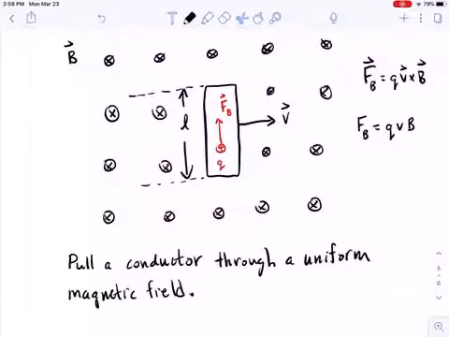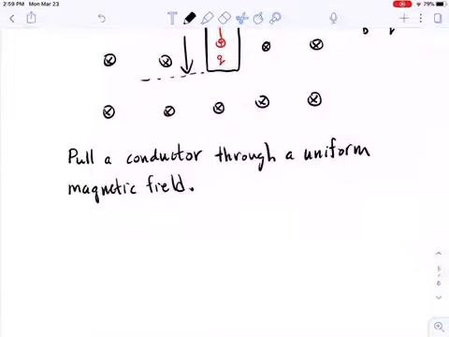Okay, but just like in the Hall effect analysis, if we take our positive charges and pile them up at the top of the conductor, that leaves behind negative charges at the bottom. Or if you want to think of a regular conductor like copper, it's really the conduction electrons that are forced to the bottom of the conductor, and that leaves behind an excess positive charge at the top.